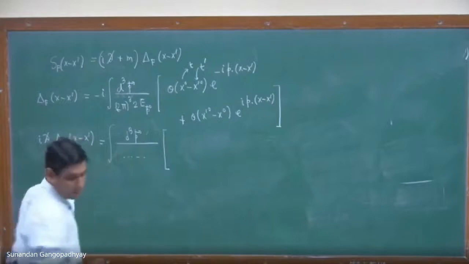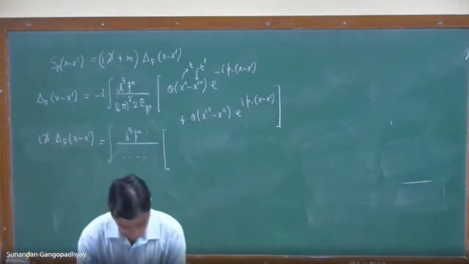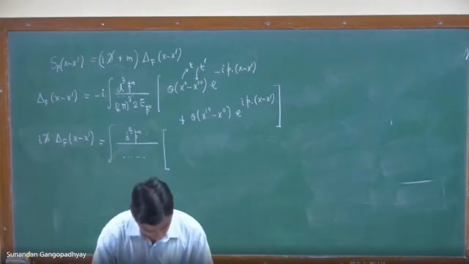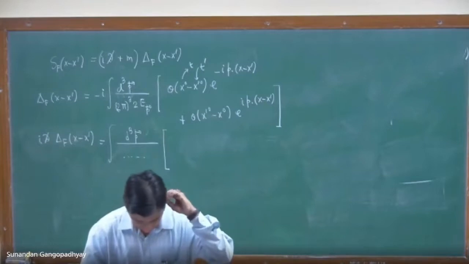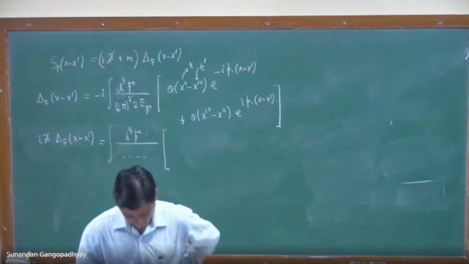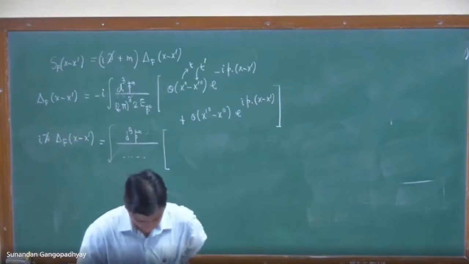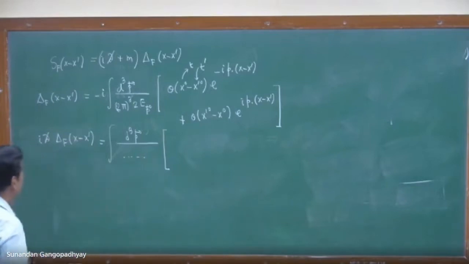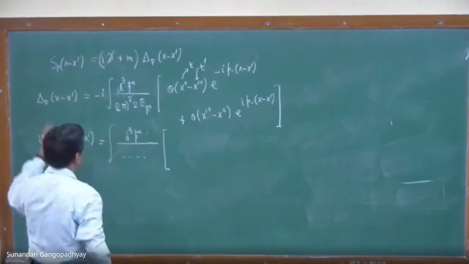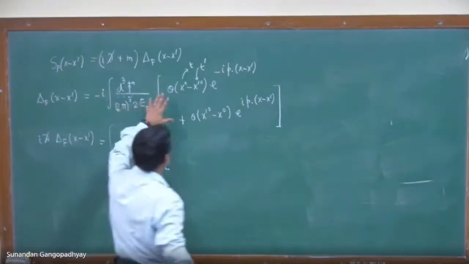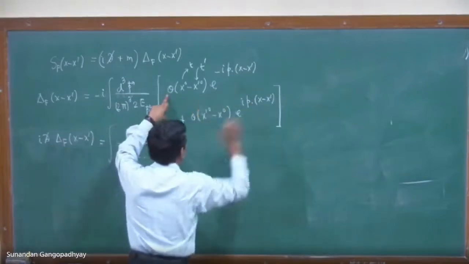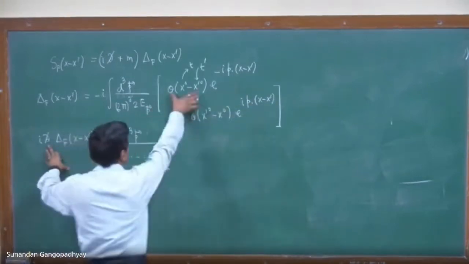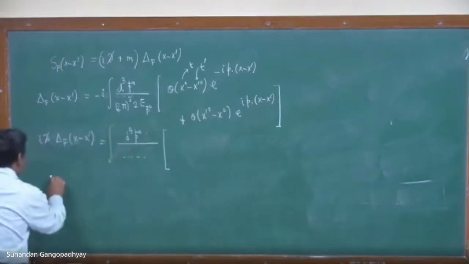So there will be two terms, I suppose. Del slash will act on this term, then this term, and so on. So when del slash acts on this term, let me write it over here.